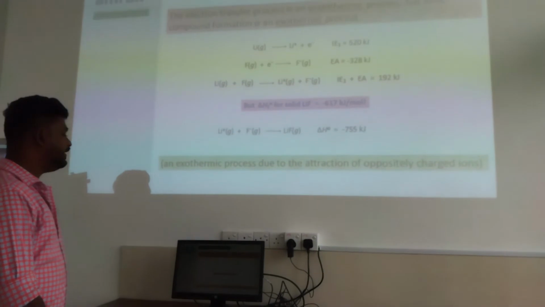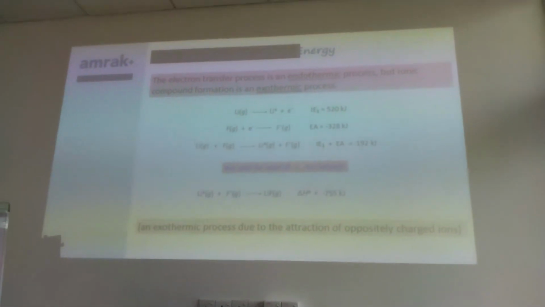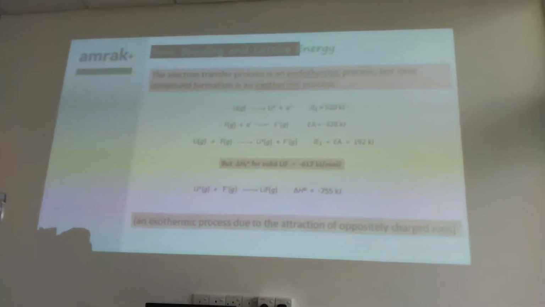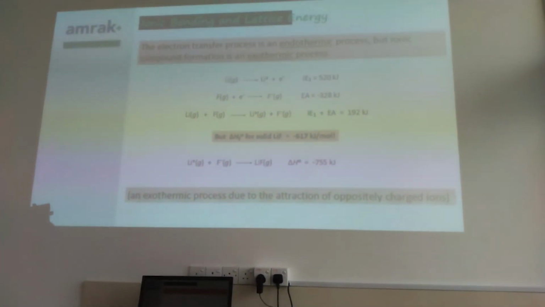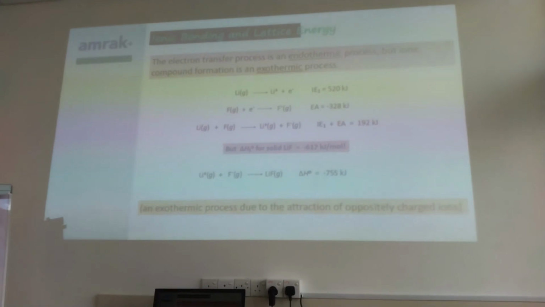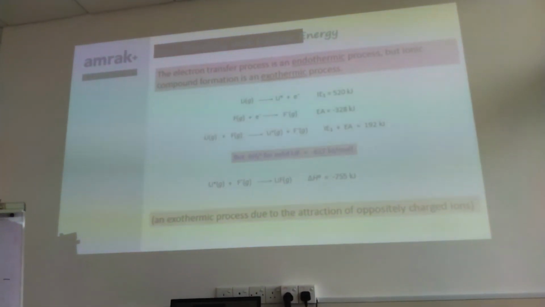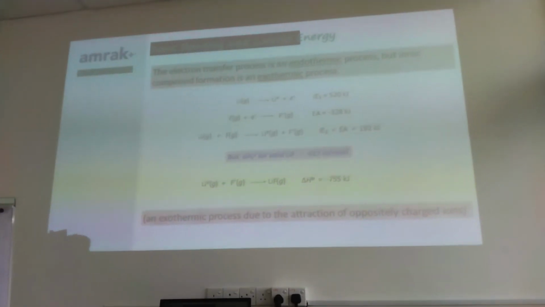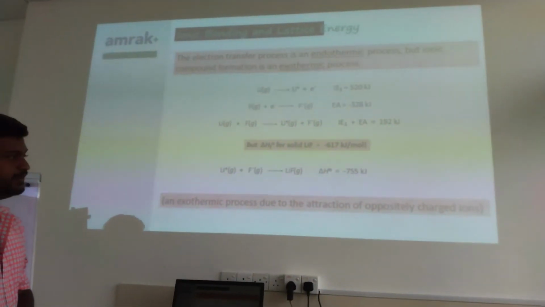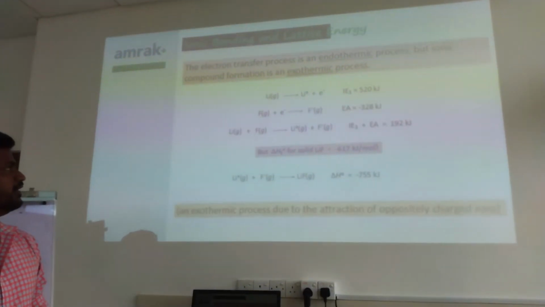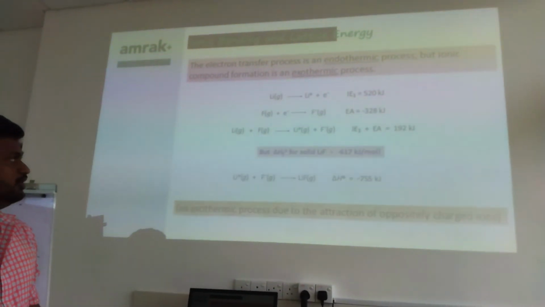Ionic bonding and lattice energy. You can go through this. The electron transfer process is endothermic, but ionic compound formation is an exothermic process, due to the attraction of oppositely charged ions. The enthalpy details are not much needed, don't bother about them too much.